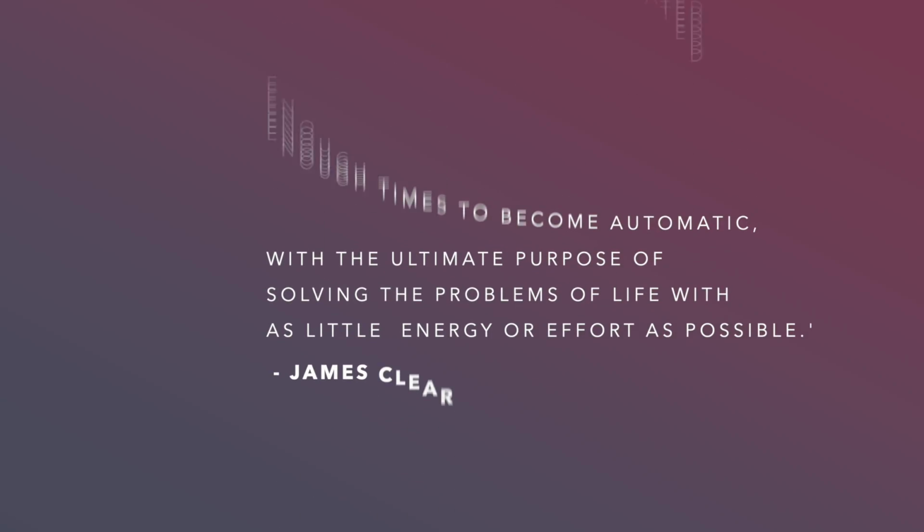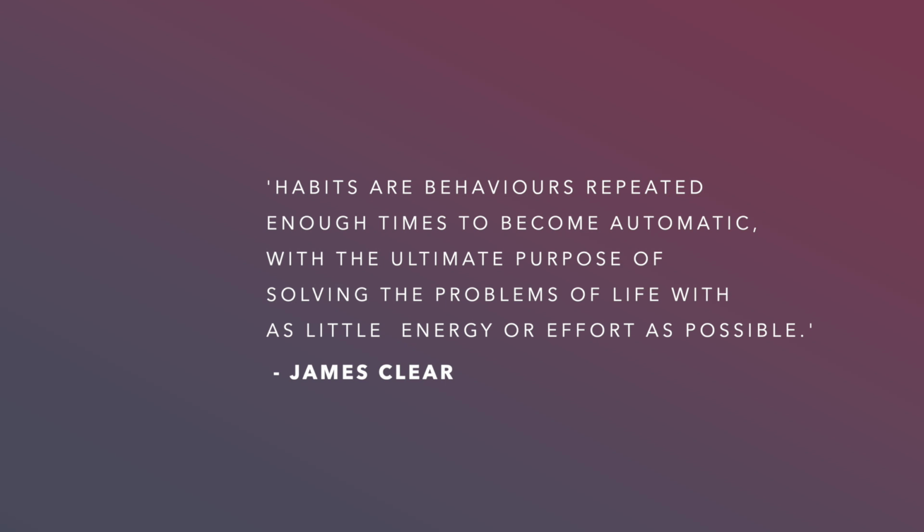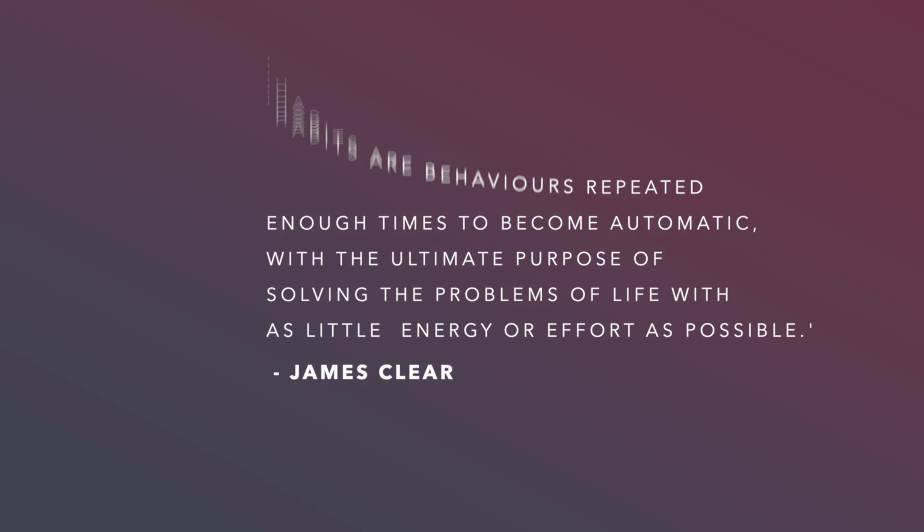So the first idea of Atomic Habits is that the accumulation of tiny habits in a systematic way can drastically improve your life. In the words of James Clear, habits are behaviors repeated enough times to become automatic with the ultimate purpose of solving the problems of life with as little energy or effort as possible.